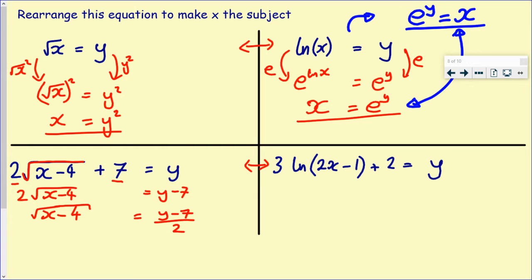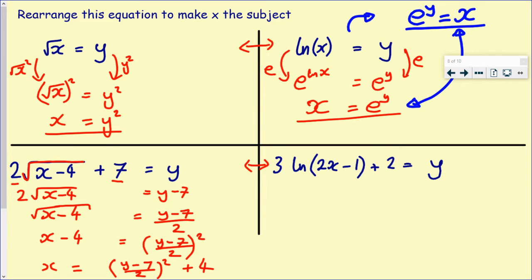And now we can square everything to get rid of the square root. So we're going to get x minus 4 equals y minus 7 over 2 all squared. And finally finish it off with x equals y minus 7 over 2 squared plus 4.